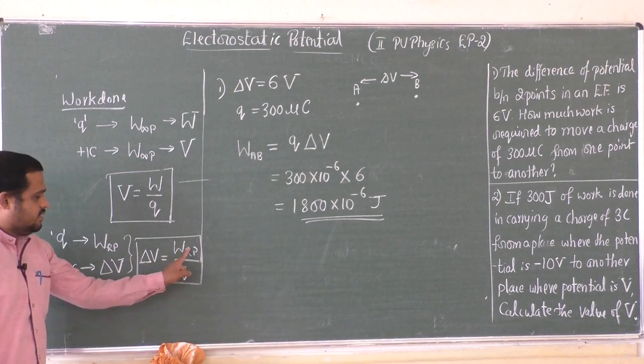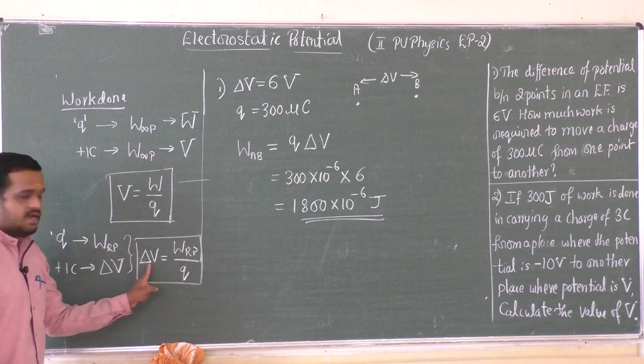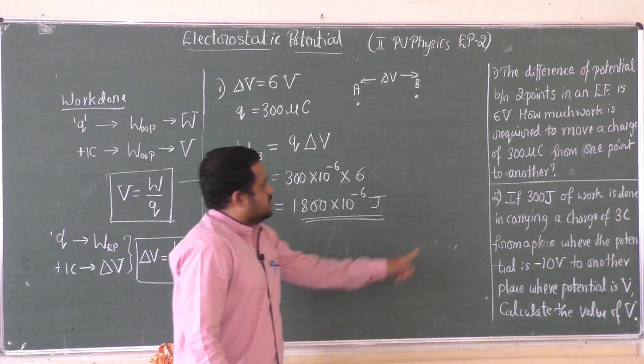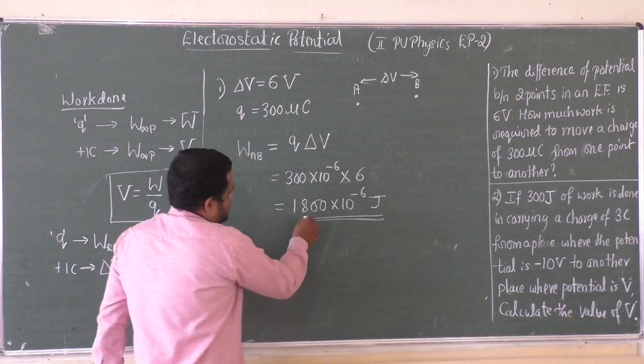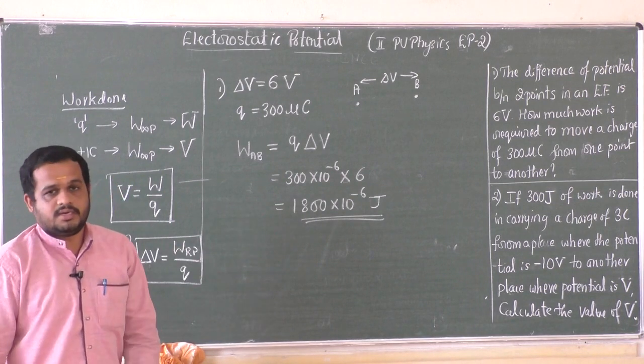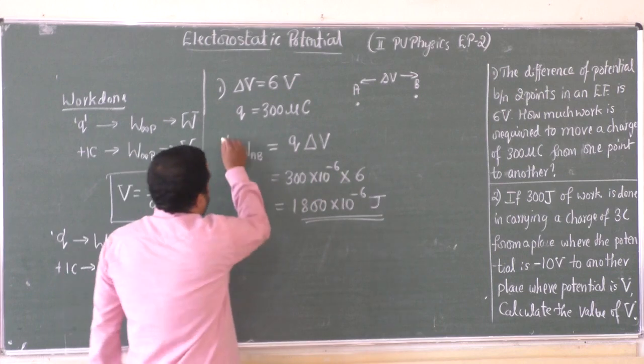Relation between work done in case of a random charge or any charge and potential difference. So answer for first problem is 1800 microjoule or 1800 into 10 power minus 6 joule. So this equation is important.